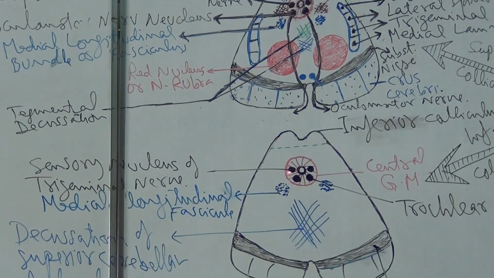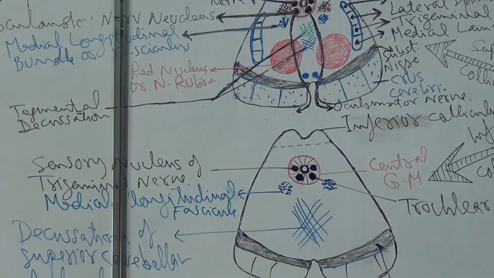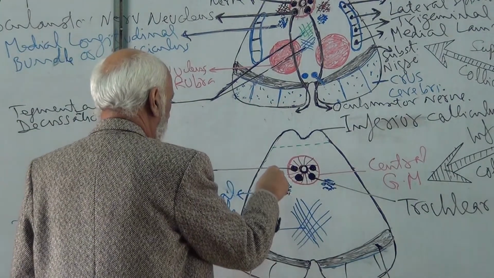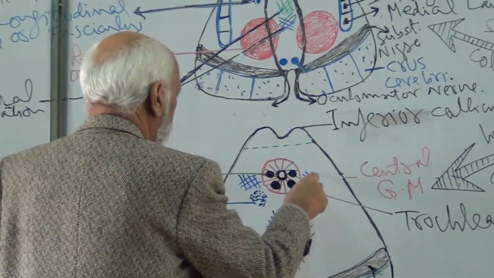Now lateral to the central gray matter in the tegmentum is the reticular formation on each side.